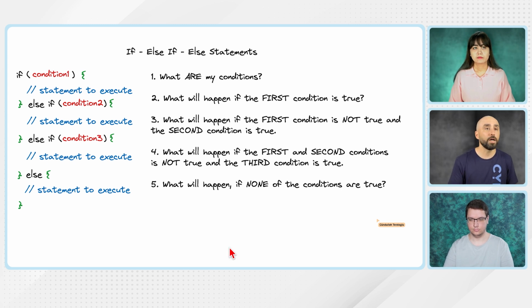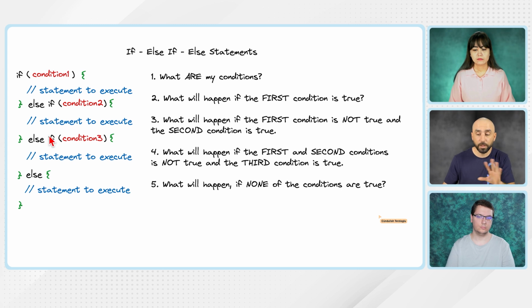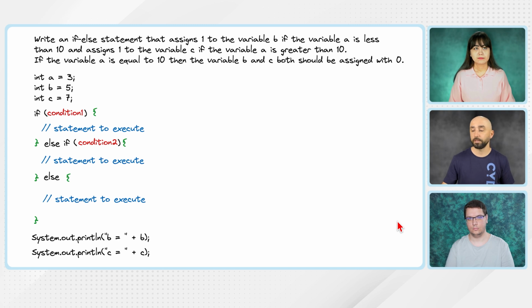Again, Jundullah, how many else if can we write? Is there any limitation? There's no limitation here. Yes, if you want, you can write 100 different conditions, 100 else if statements. We don't mind. The only thing you need to understand is how it works. First, if, check condition 1. If condition 1 is not true, it's going to check the other conditions. If none of the else if conditions is true, then it's going to execute the else statement. I hope it's clear.